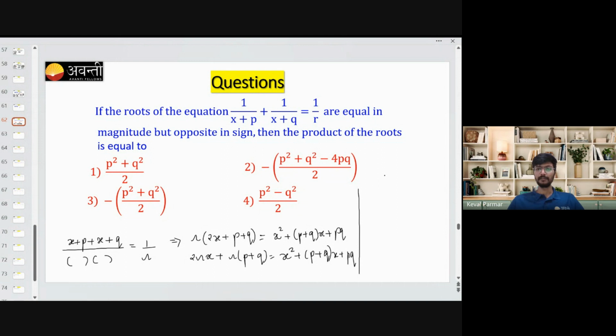So we'll have x squared plus p plus q minus 2r into x plus pq minus r into p plus q equals 0.